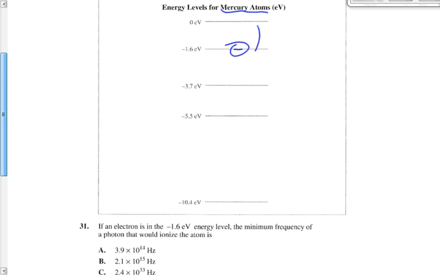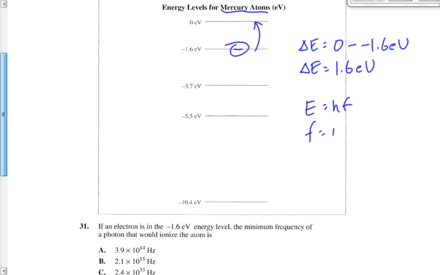Well, to go up here, the energy is 0 minus minus 1.6, or 1.6 electron volts. We're going to set that equal to h times the frequency. And we get 3.9 times 10 to the 14.